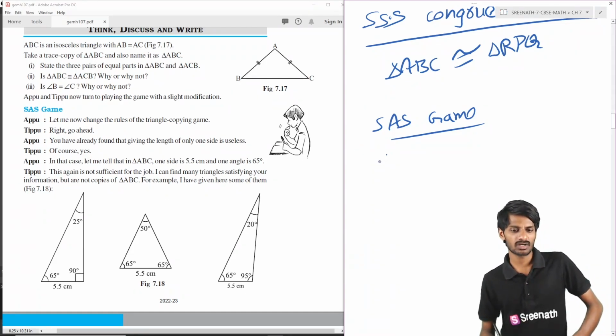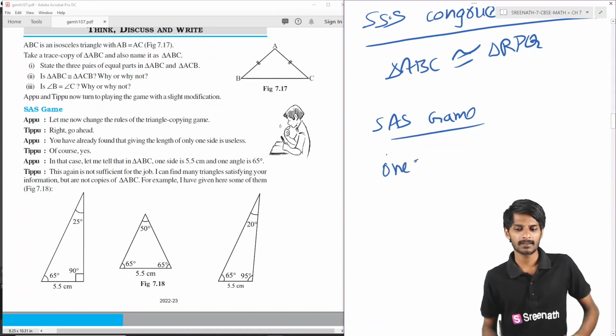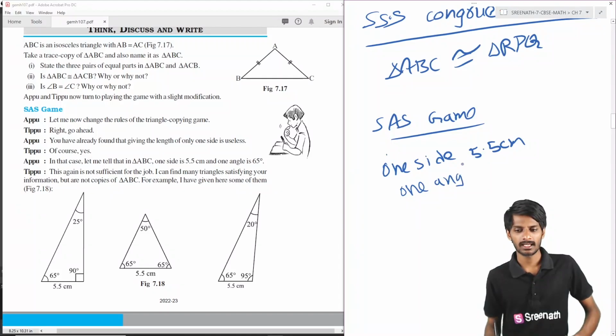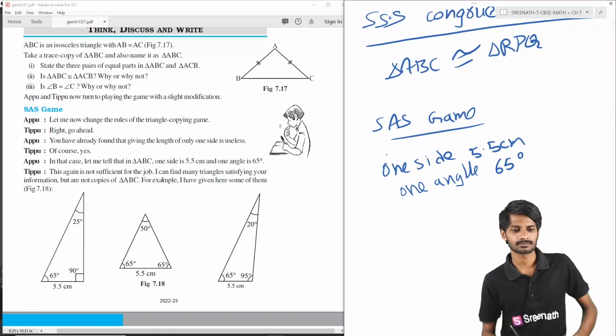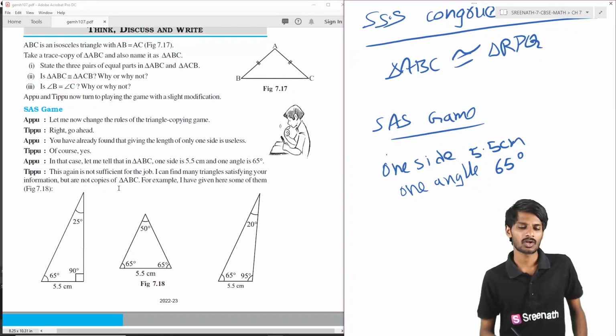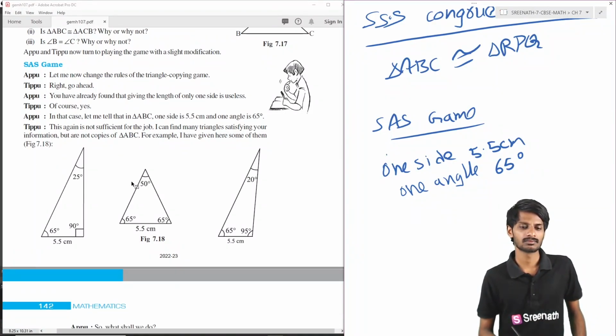But they are not copies of triangle ABC.